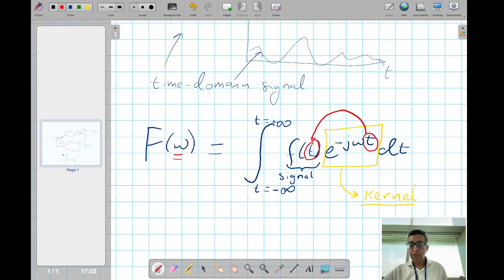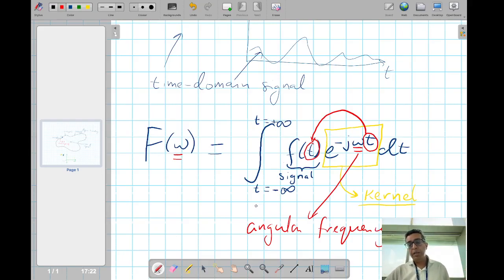So for one value of omega, we get a scalar result. But because omega is also present in the kernel, and omega is the Fourier transform variable, often known as the frequency variable, in this case called angular frequency, the result is going to be a function of omega.